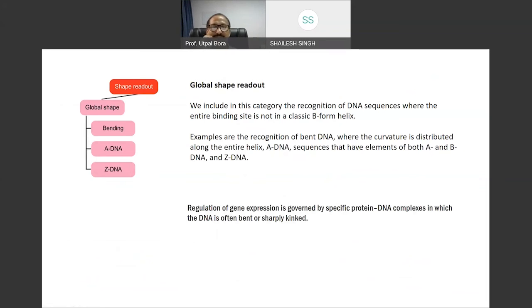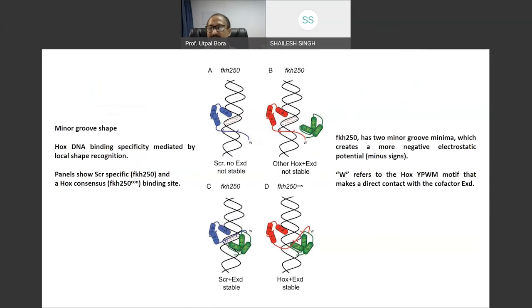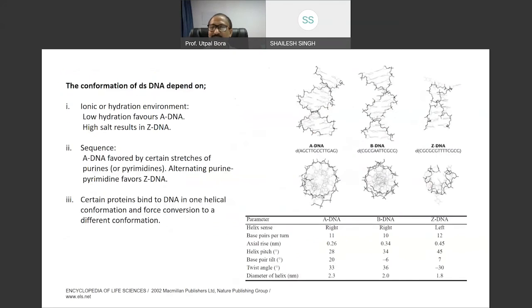Let us go to the global shape readout, where you have important factors like the bending and even the A-DNA and Z-DNA topology. We'll not discuss the A-DNA and Z-DNA topology again and again.